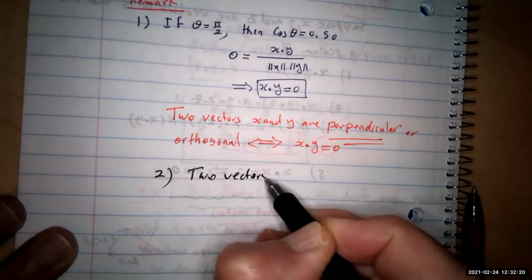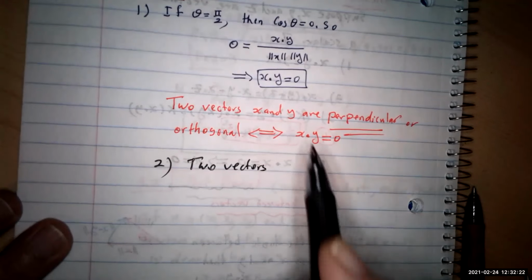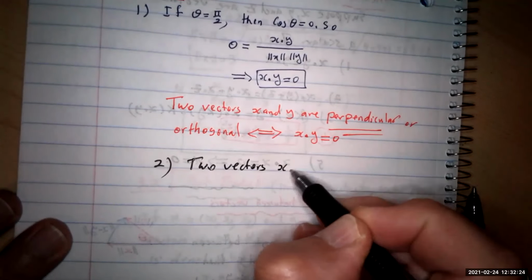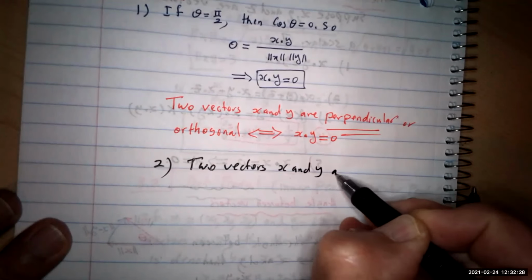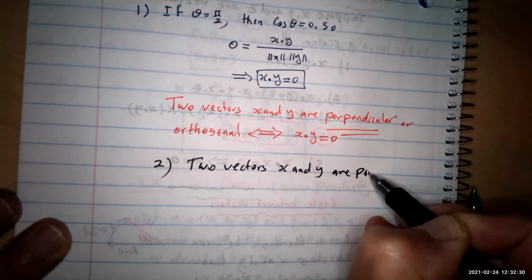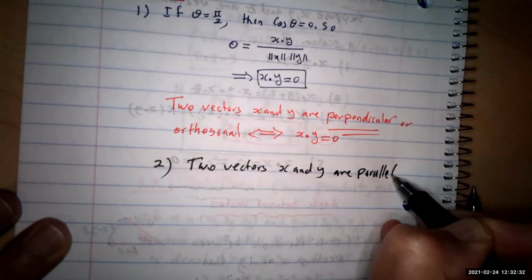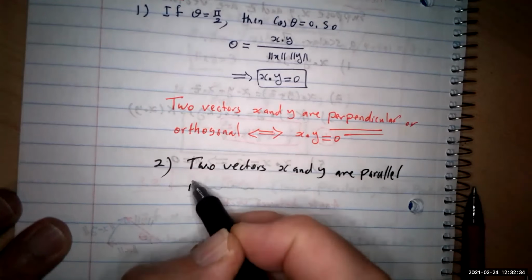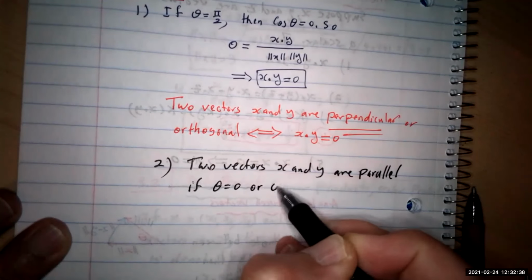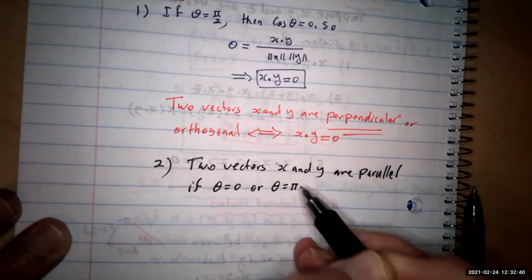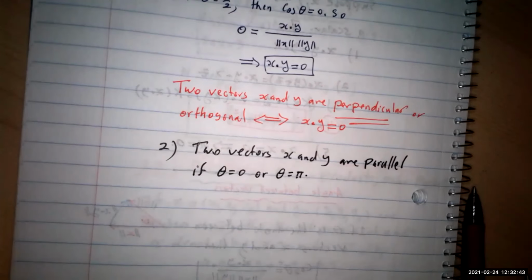I'm not going to use it, but two vectors, x and y, are going to be parallel if the angle in between is either 0 or pi. When it's 0, both of them are the same. If it's pi, it's the other direction, if you like.